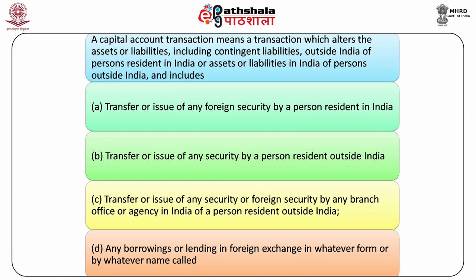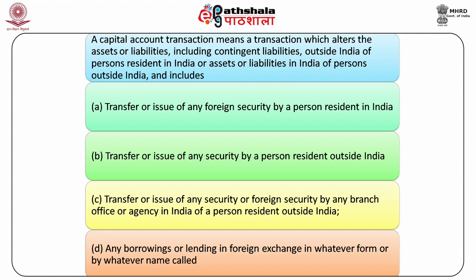A. Transfer or issue of any foreign security by a person resident in India. B. Transfer or issue of any security by a person resident outside India. C. Transfer or issue of any security or foreign security by any branch office or agency in India of a person resident outside India.